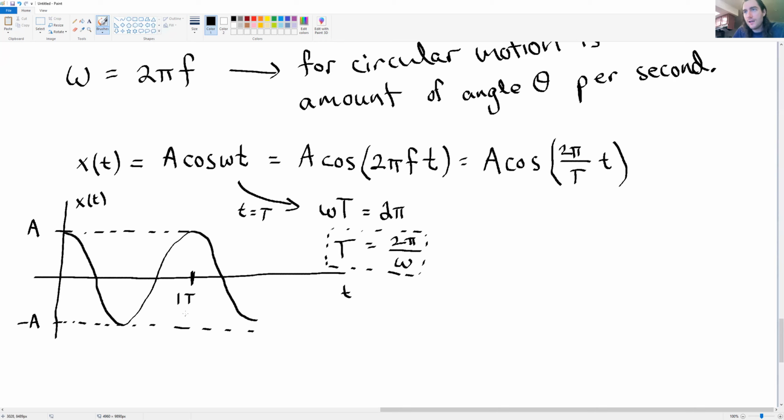So the period is 2 pi over omega. If you want the nth period, you just put an n in the expression: omega t equals 2 pi n. So you just have an n up on the top. Questions about that?